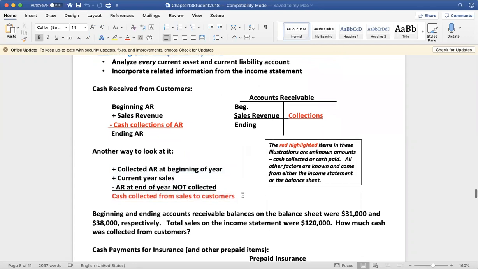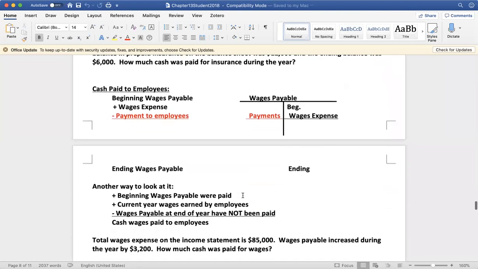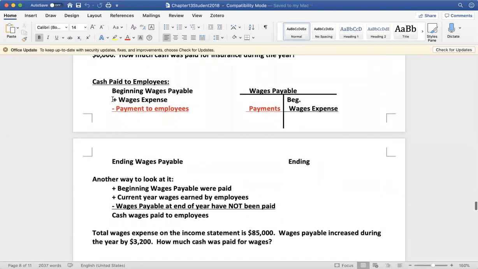And we're going to do the same for our expenses, for example. So this is an example too, a cash payment to employees. So how can we reach our cash payment to employees? We have a beginning wages payable, right? And what can increase our wages payable is wages expense, right?